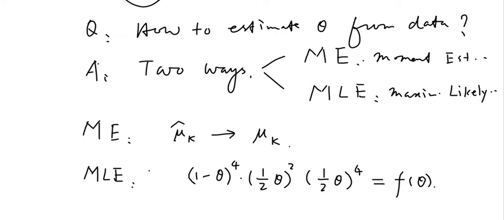MLE means we want to find the theta that maximizes this value. These terms represent probabilities, so we find the theta that makes this probability the highest, the most likely one. That is maximum likelihood estimation.